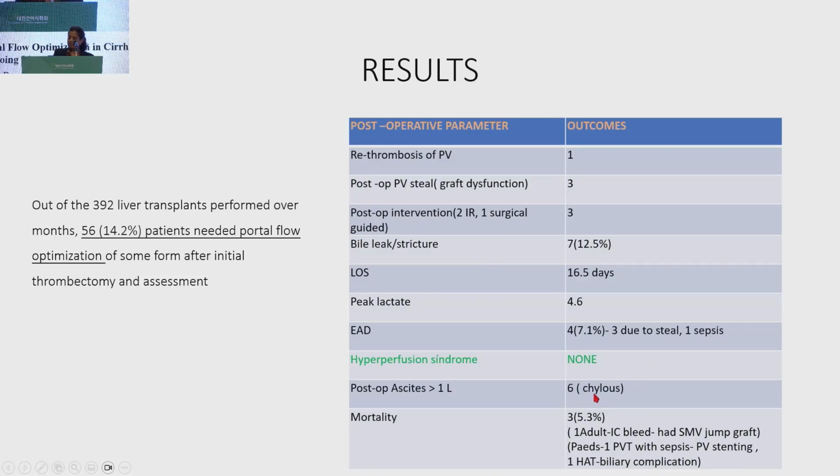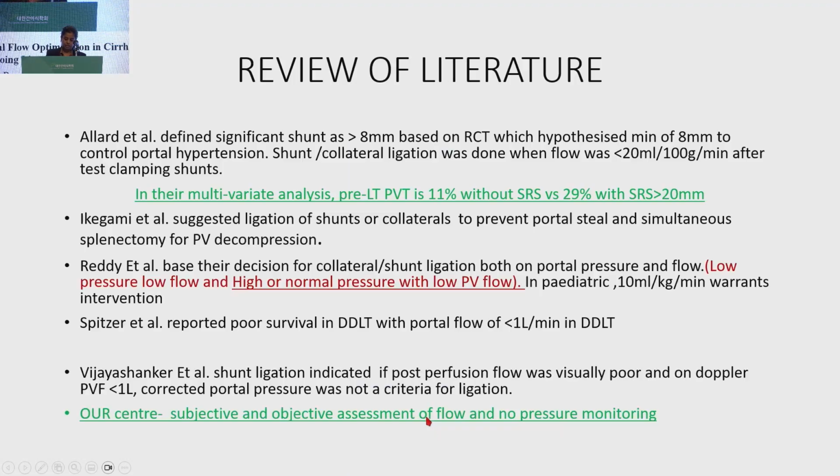And postoperative ascites of more than 1 liter was seen in 6 patients, and it was predominantly chylous, and we had 3 mortalities. So different centers around the world consider different thresholds of shunt diameter as well as portal flow and pressure measurements to augment portal flow.